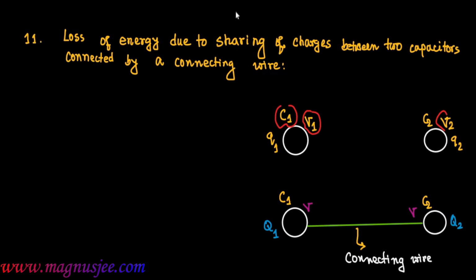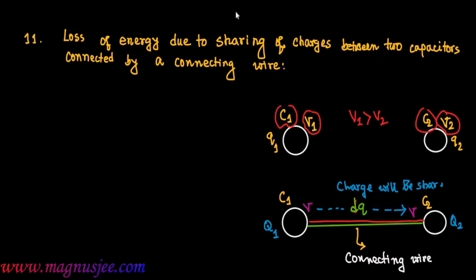So here V1 and V2 are the different potentials of the two capacitors C1, C2, and these two capacitors are connected by a conducting wire. In this case, dq amount of charge will be shared from the capacitor C1 to C2. That means the charge will be shared from the capacitor at higher potential to the capacitor at lower potential. It should be a conducting wire in the diagram.